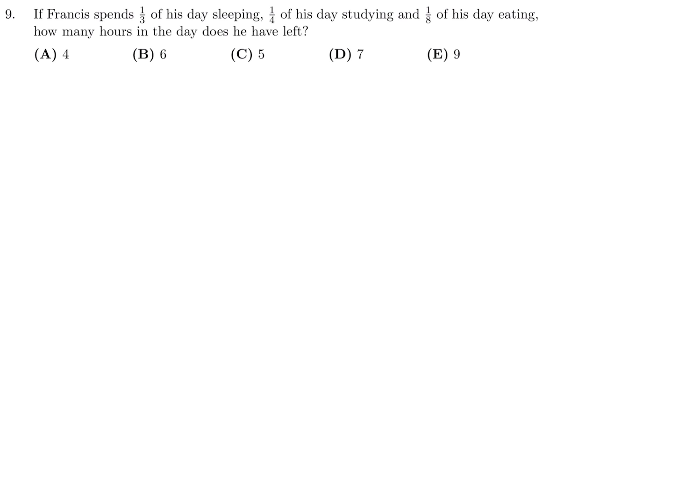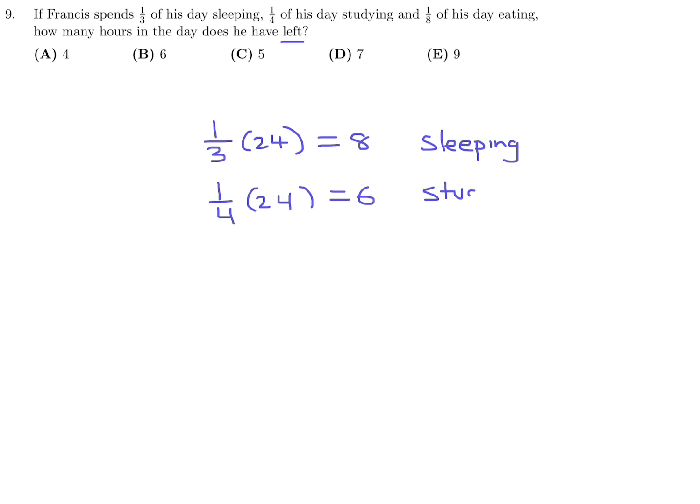Francis spends 1/3 of his day sleeping, 1/4 of his day studying, and 1/8 of his day eating. How many hours in the day does he have left? So 1/3 of 24, which is 8, is sleeping. And then 1/4 of 24, which is 6, is spent studying.